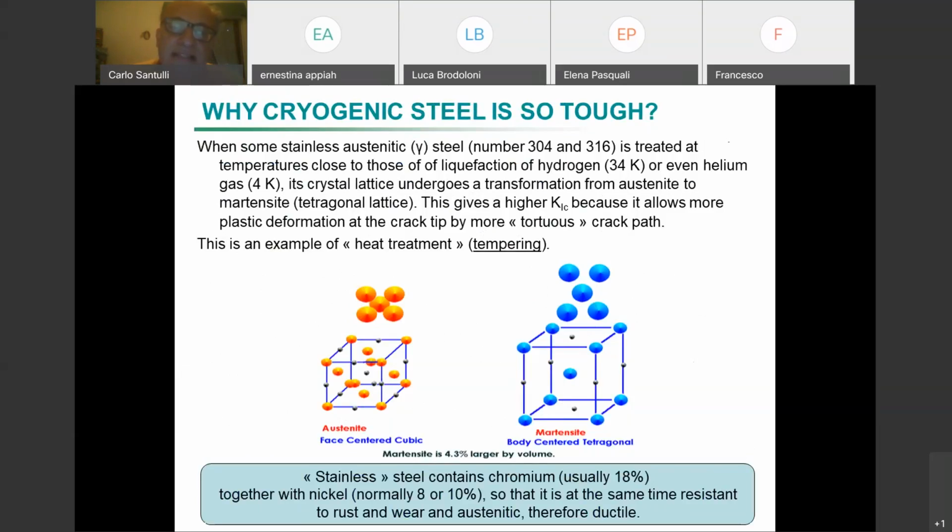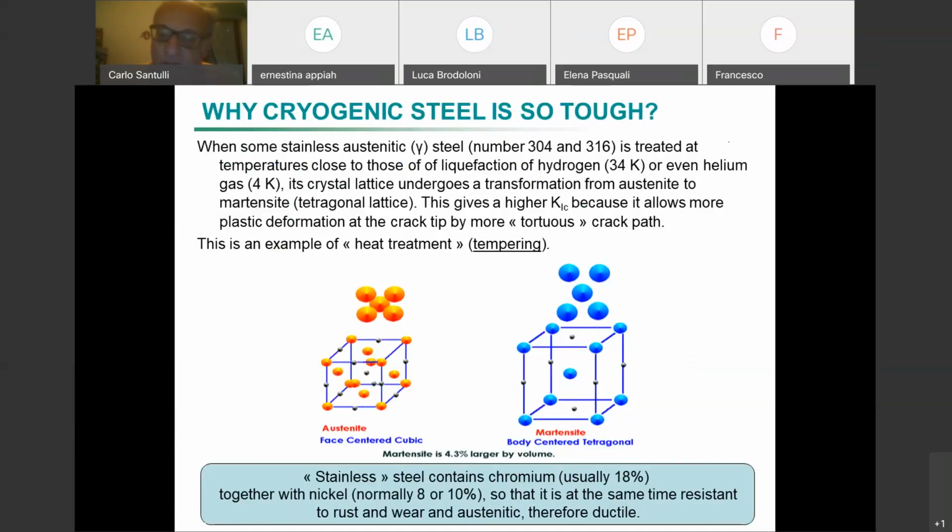Stainless means that it doesn't easily undergo corrosion because it includes chromium. Well, this is true to a point, but as a principle, when you introduce more than 18% of chromium, then you can be sure that corrosion will be difficult.